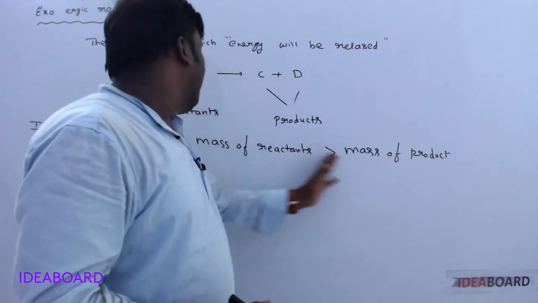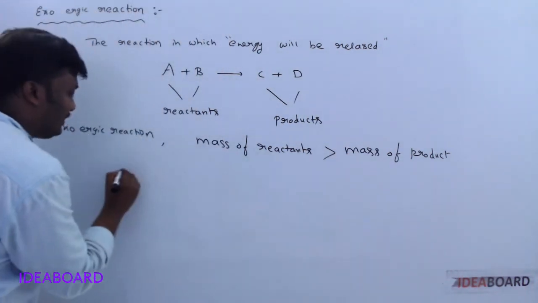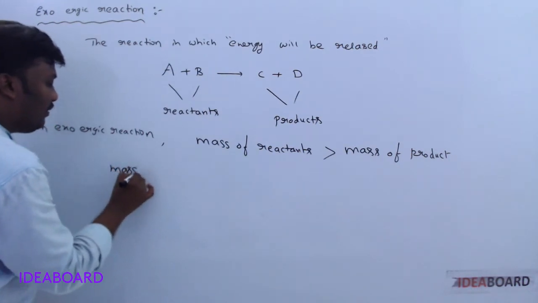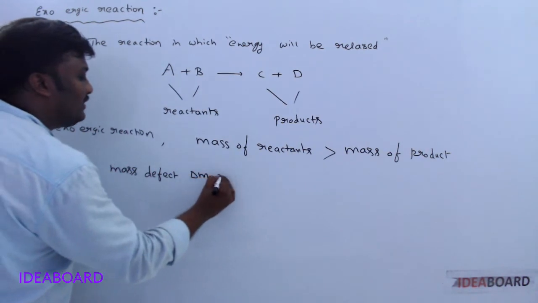Then there is a certain variation in the mass. How much variation in the mass is indicated by the mass defect. So what is the formula for mass defect?